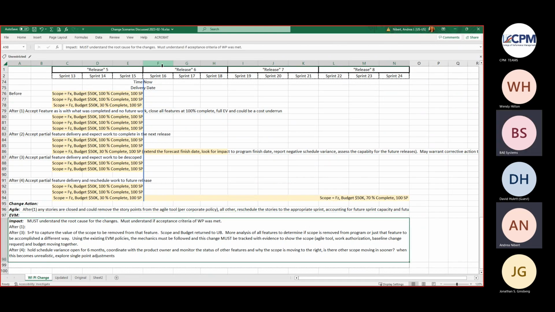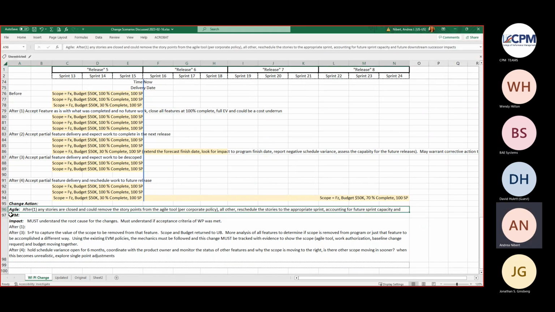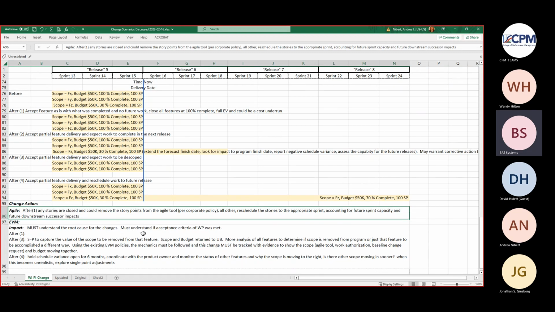So yes, Renee, if that works for you within your corporate policy, I think that's just fine. When you say corporate policy, are you thinking system description or something else? No, the Agile policy. If your Agile implementation requires that you remove the story points, then you do it. But from an EVM perspective, you leave your QBD alone and the work package is just 100% complete.